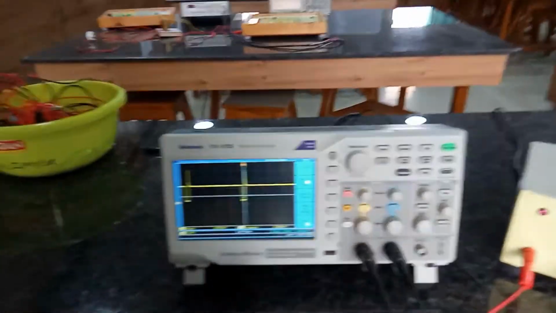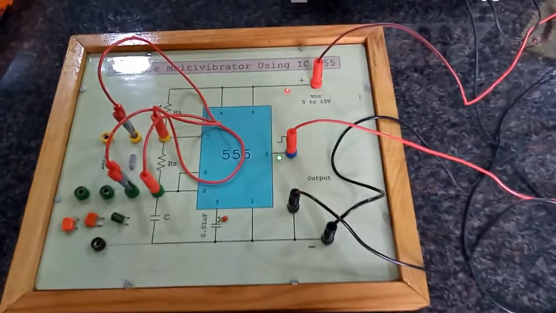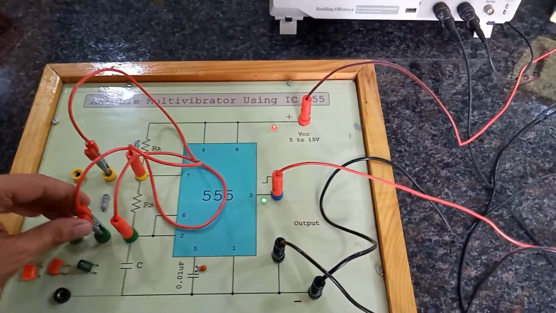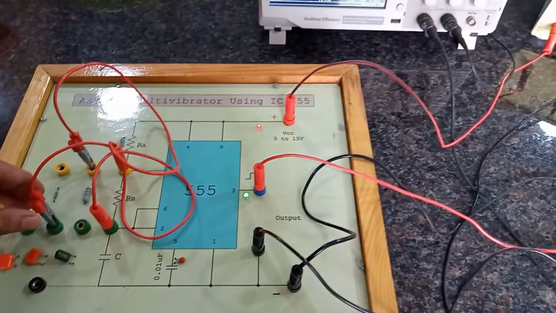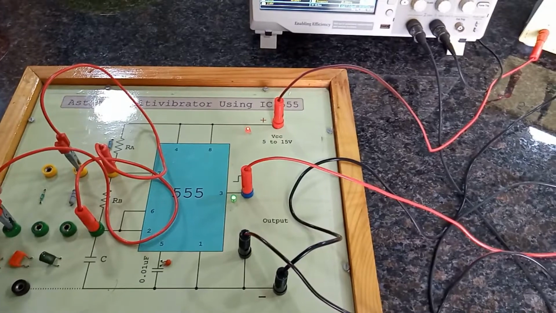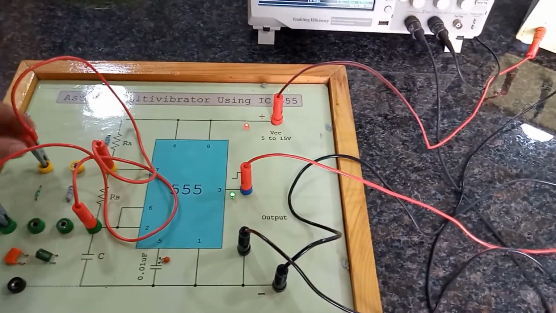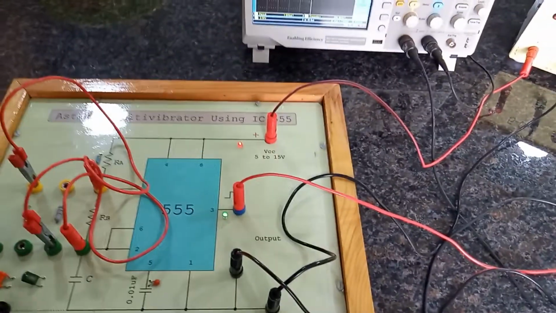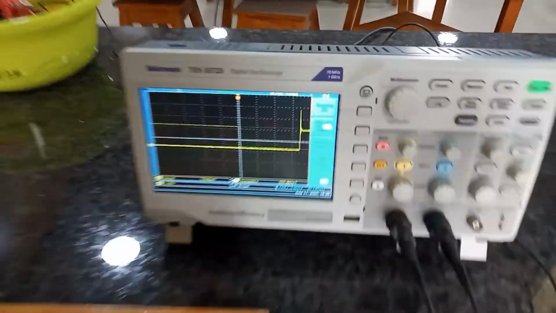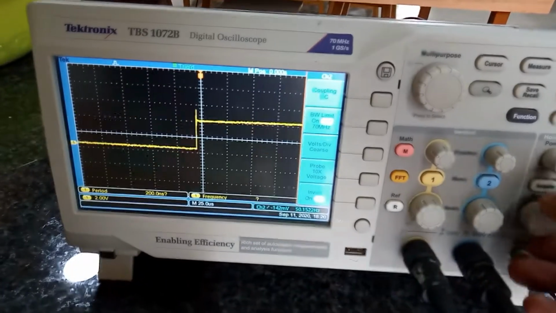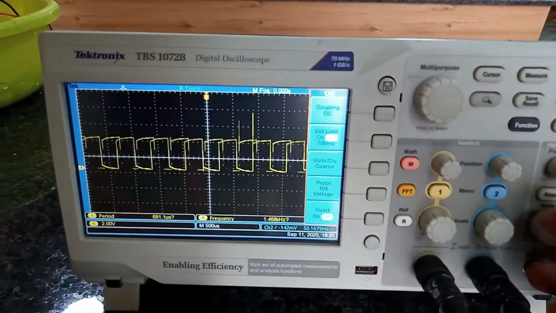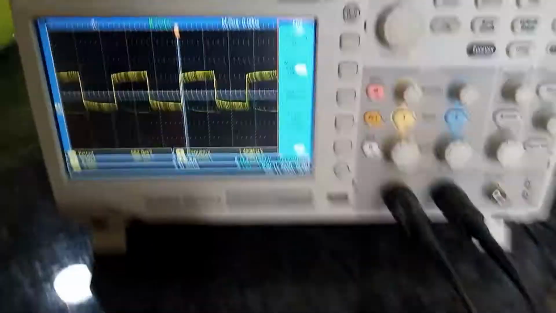Now let us change the RC combination. Let us take another value of C. For that we are getting a good waveform.